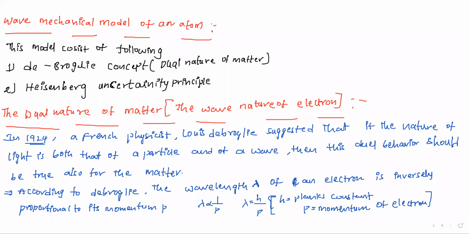That means lambda is 1 by p, that is lambda equal to a proportionality constant, Planck's constant, by p, the momentum.